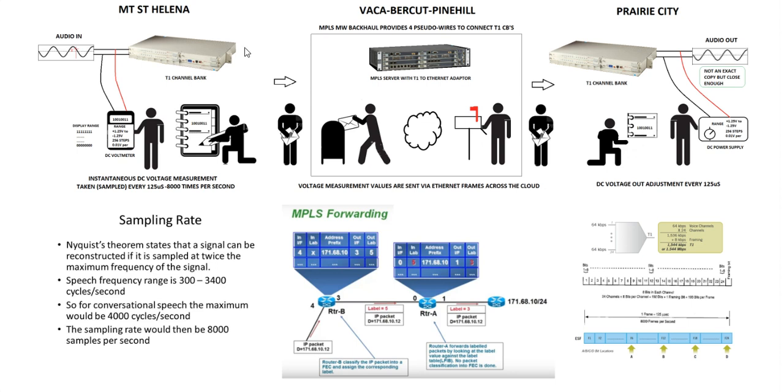So we need a way of making virtual wires, pseudo wires, and this is what the MPLS microwave backhaul system does. It provides essentially an email system so that this information can be written down, placed in an email packet, and sent along the network to pop up at the distant end. Then the information can be opened up, read, and reassembled back to its original form.